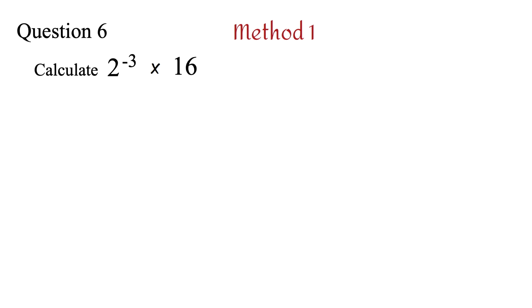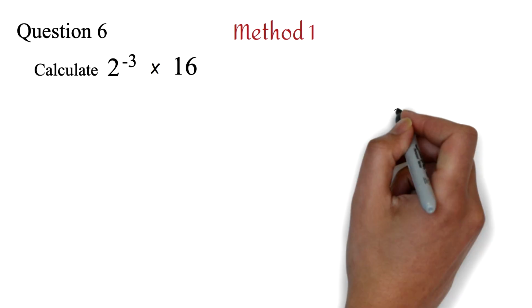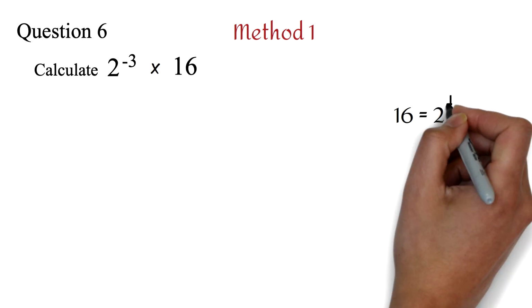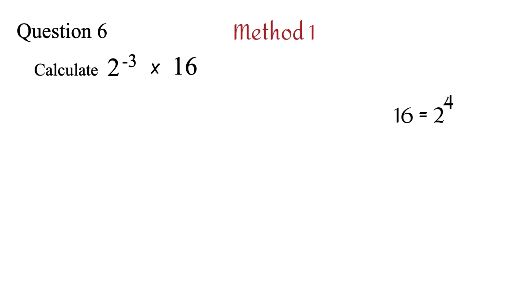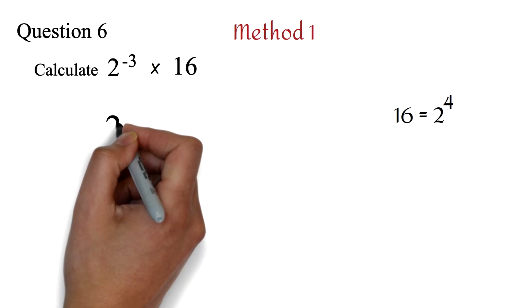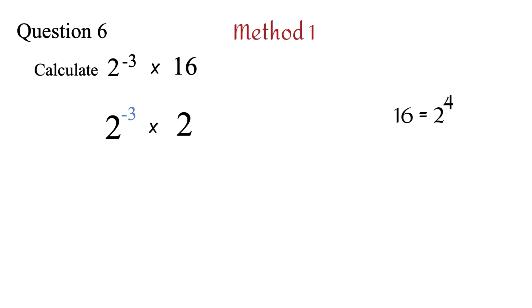This first method just requires that you know that 16 can be written as 2 exponent 4. Try it on your calculator. Once you know that, then you can replace the 16 with 2 exponent 4. We have 2 exponent negative 3 times 2 exponent 4. We learned earlier that if you have two numbers multiplying and the bases are the same, you can just add the exponents.